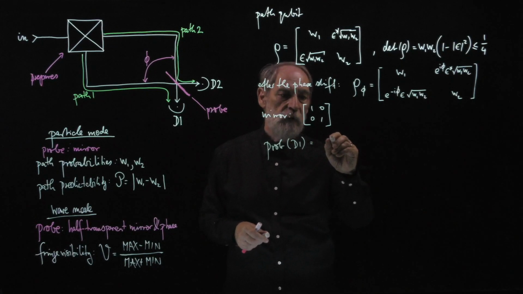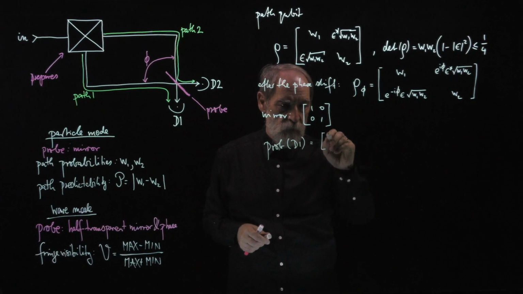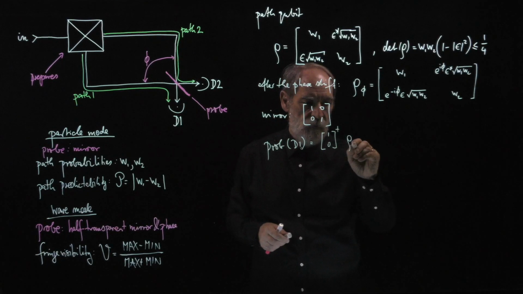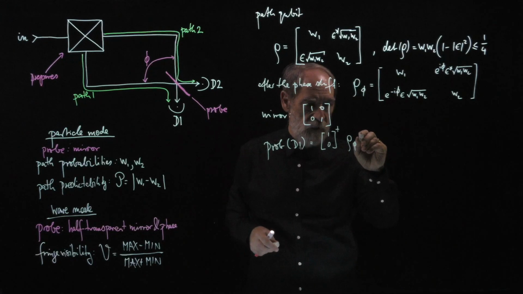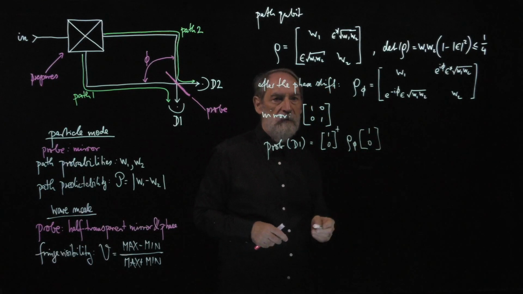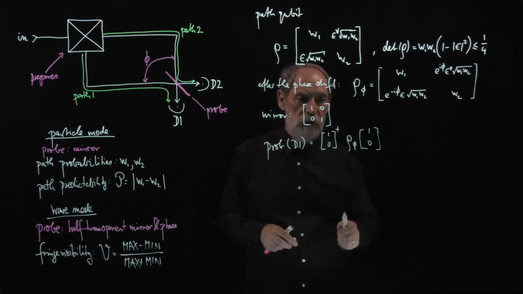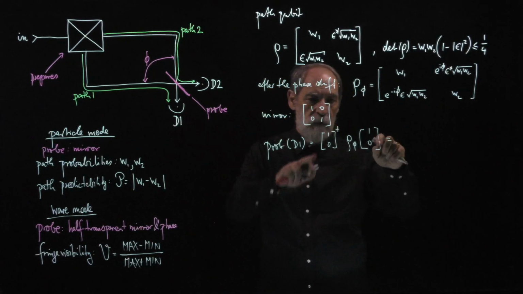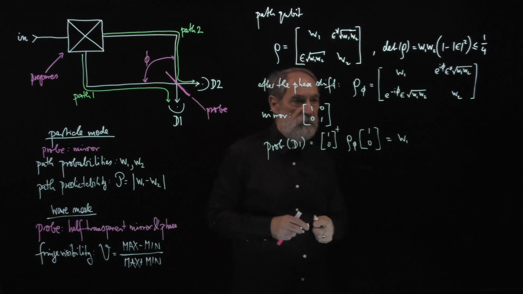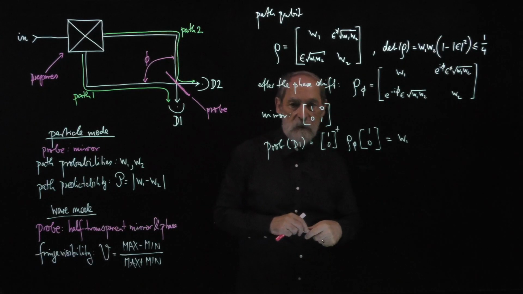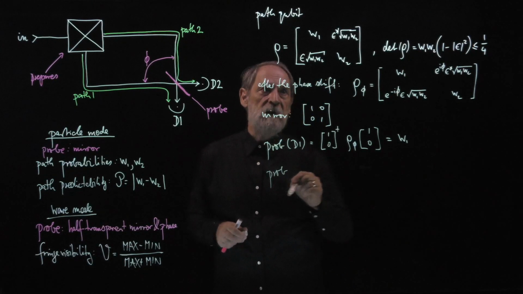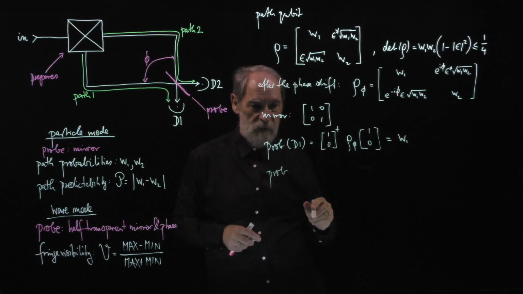So for detector 1, it is the 1, 0 bra and ket around rho phi, because the mirror doesn't do anything. So this is still the same 2 by 2 matrix for the state of the qubit, and that just picks out the top left element in the matrix, and that's W1. Well, that's what we should have expected, and in a sense that's what we put in by writing this matrix.